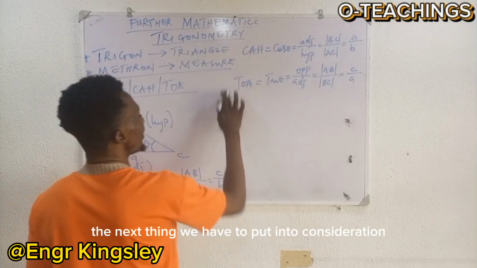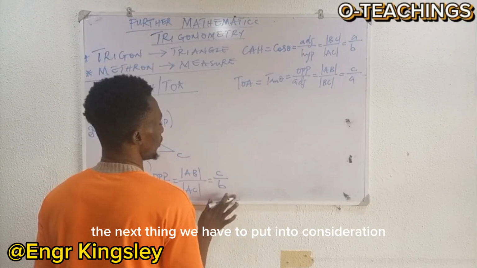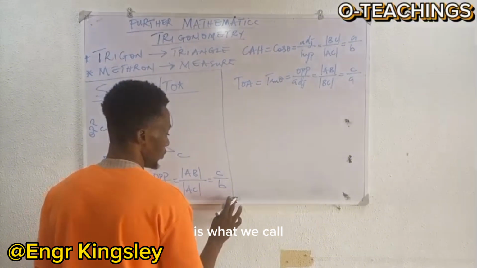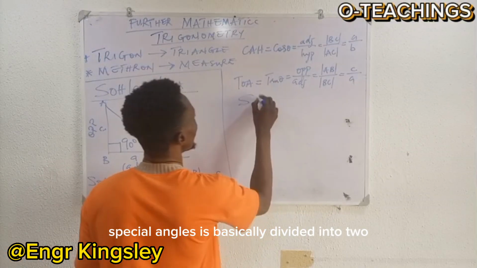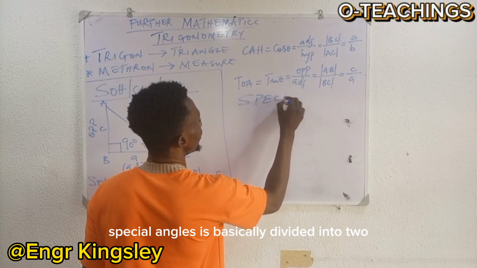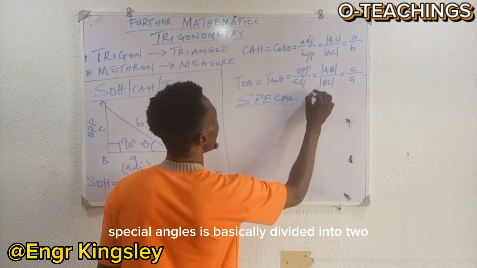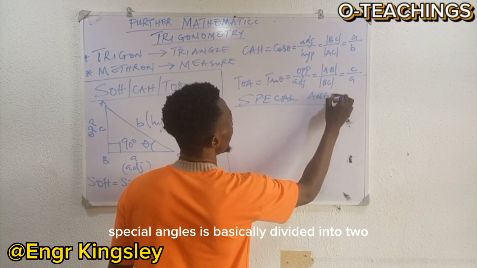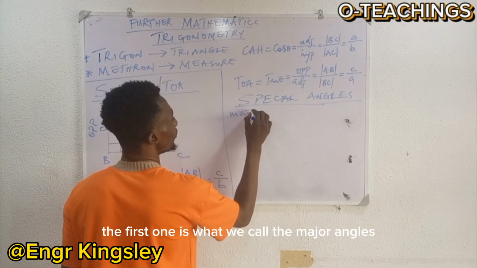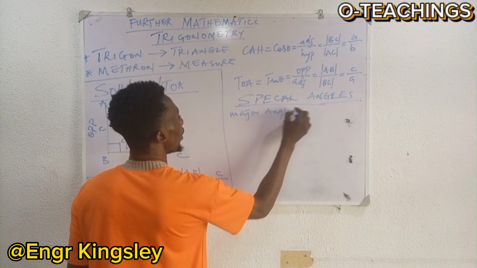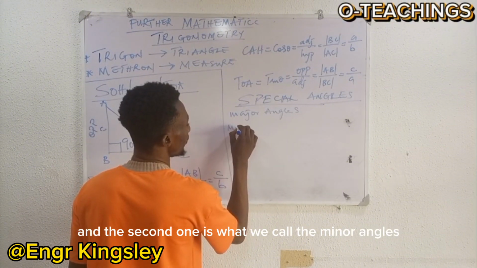The next thing to put into consideration is what we call special angles. Special angles are basically divided into two. The first is the major angles, and the second is the minor angles.